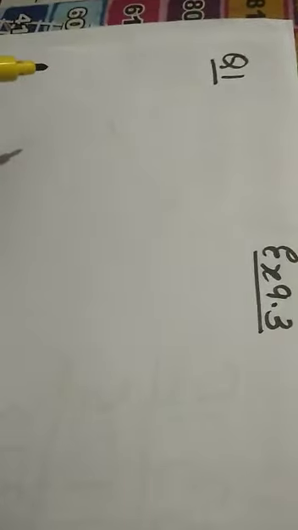Now from exercise 9.3, question number 1. Question number 1 is multiply the binomials. Binomial with a monomial. They have given 4p and q plus r. These are the two terms given to you, so it is a binomial. And the first we have, this is 4p, it is a monomial.